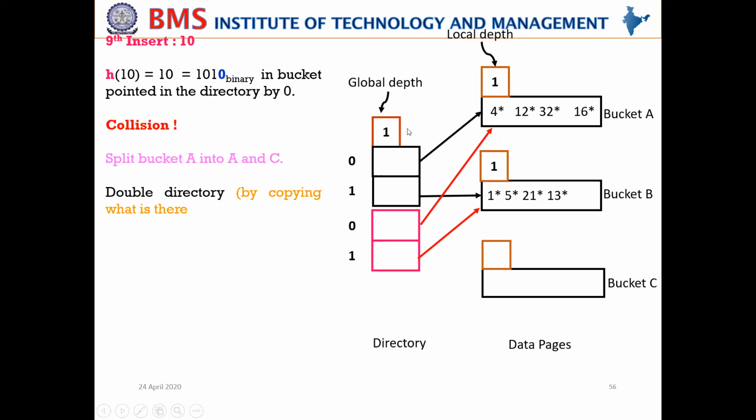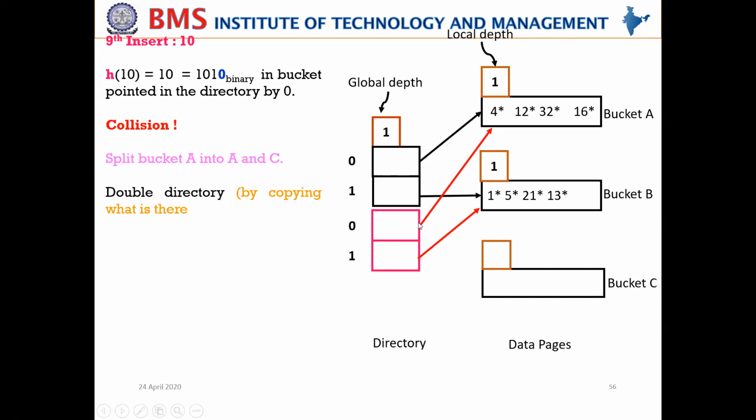When local depth and global depth are the same, and if one of the records is also pointing to the same bucket, then you need to double the size of the directory like this. Doubling the directory is nothing but copying whatever was there in the directory as it is. No change. Whatever was there earlier, 01 was there, 01 is there. So it was pointing to bucket A, and now the first entry is pointing to bucket A. I have copied as it is.